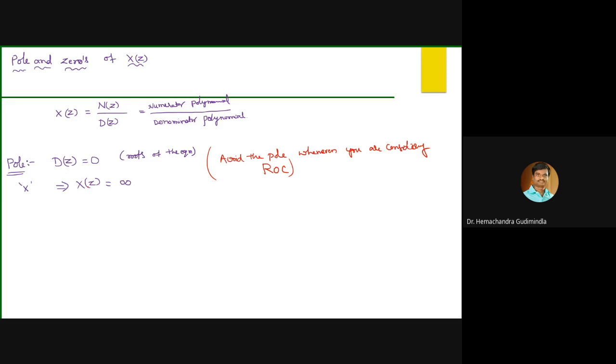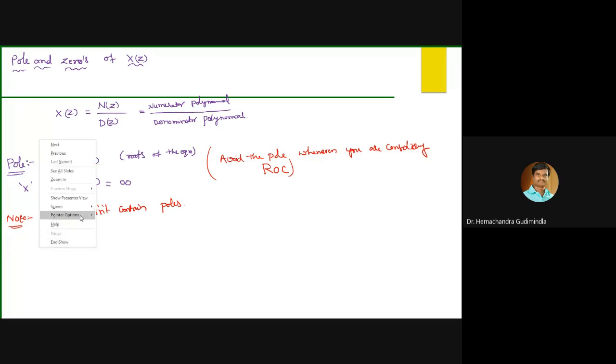So at that time, what is X of z? It becomes infinity. That means your region of convergence doesn't contain the pole. You can write one note here: region of convergence doesn't contain poles. Next.